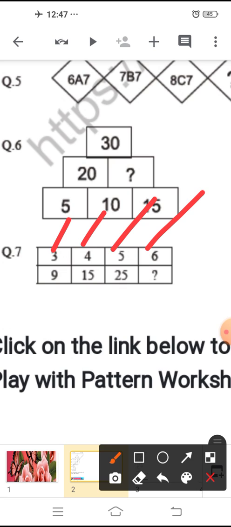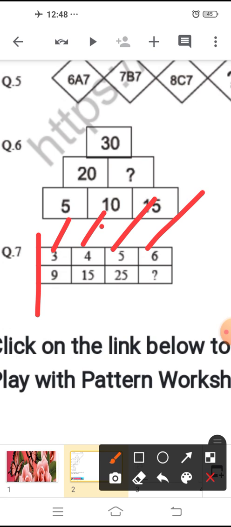3 ones are 3, 3 twos are 6, 3 threes are 9, 3 fours are 12. 3 threes are 9, 3 fours are 12, 12 they have missing. 3 fives are 15, 3 sixes are 18, means multiples. 3 threes are 9, 4 threes are 15, 5 fives are 25.